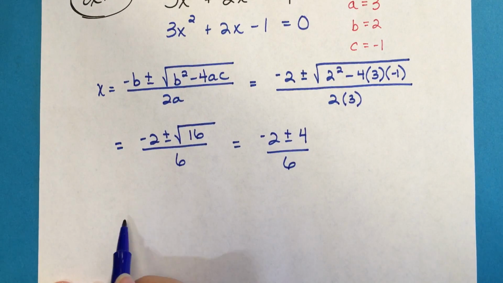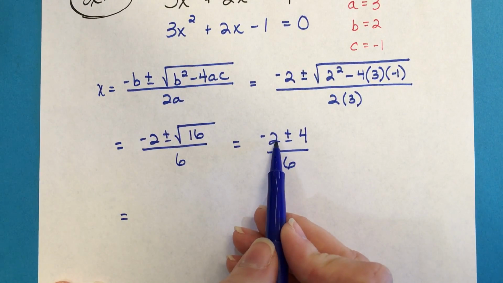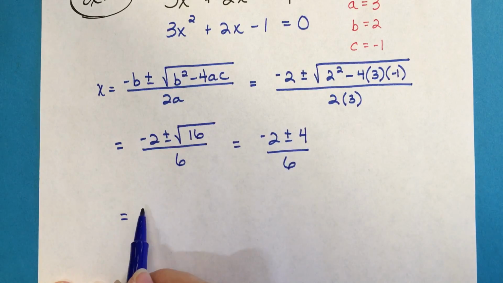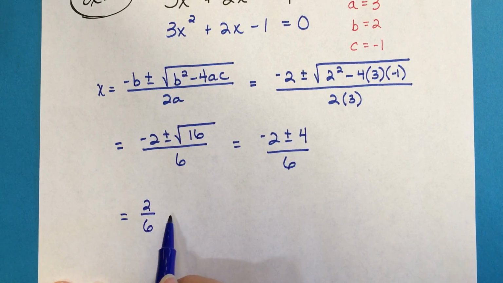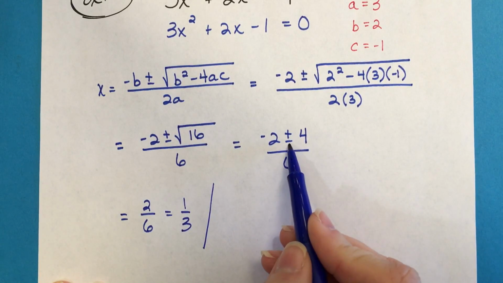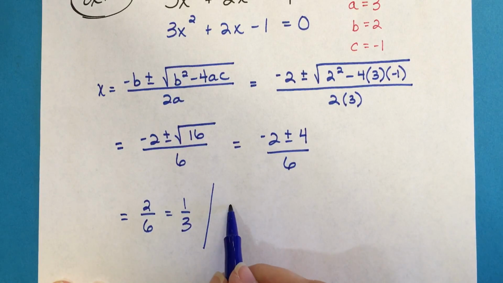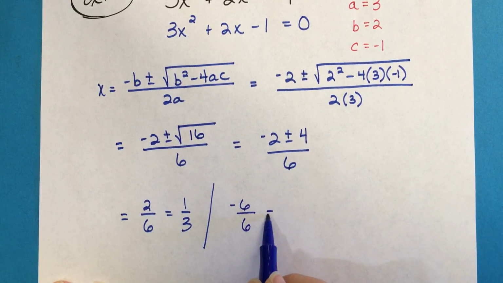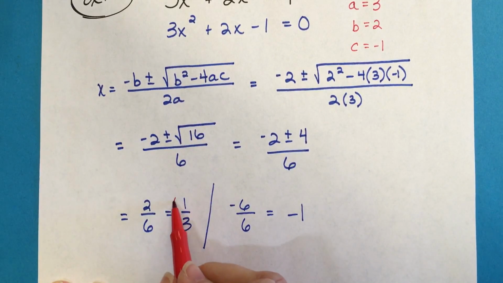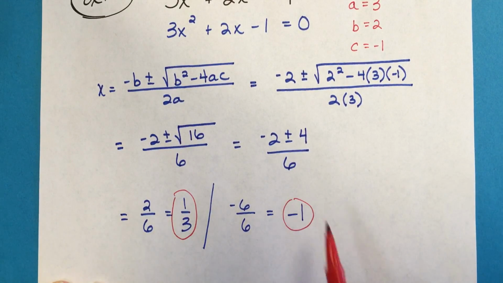With the plus sign, you would have -2 plus 4, which gives +2 over 6, which reduces to 1/3. Then with the minus sign, -2 minus 4 gives -6 over 6, which reduces to -1. So 1/3 and -1 will be your 2 answers for this quadratic.